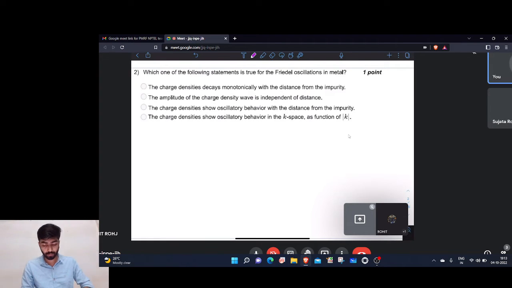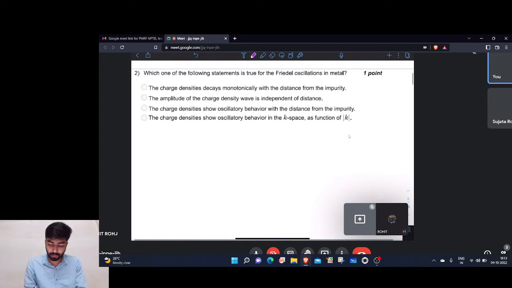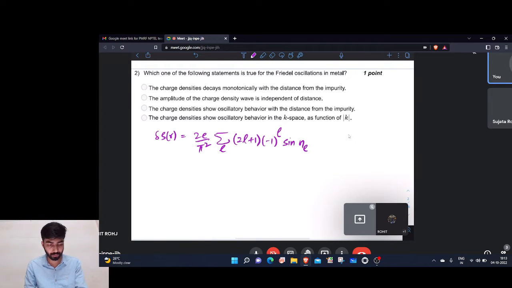So one can write down this expression, where the change in charge density due to these impurities can be written as 2e divided by pi square, summation over l, where l is the angular momentum quantum number, minus 1 raised to the power l, sine of the phase shift, times 1 by R cube, multiplied by cosine of 2 kf R plus eta l, where kf is the Fermi vector.